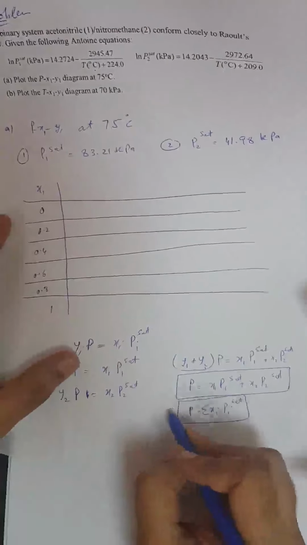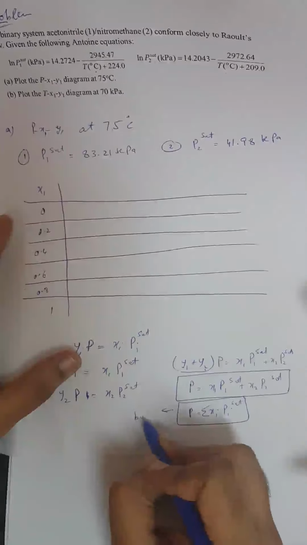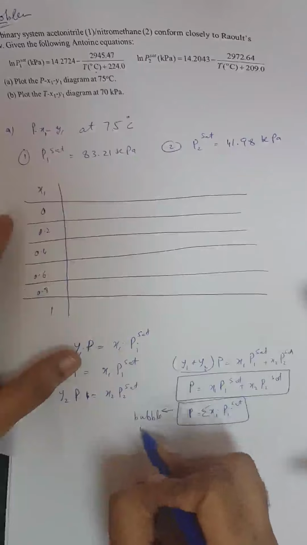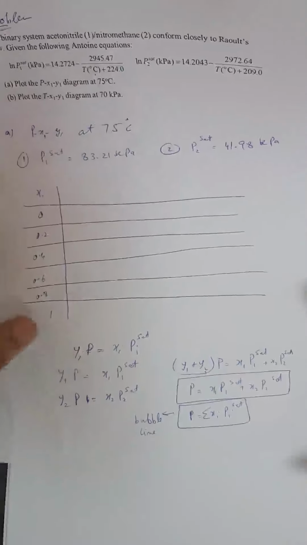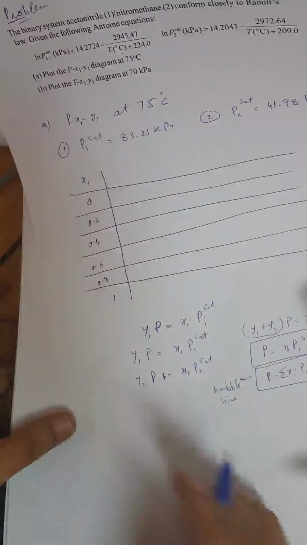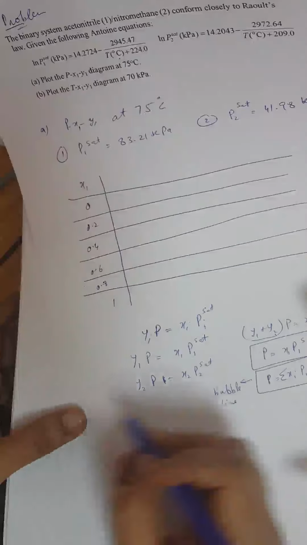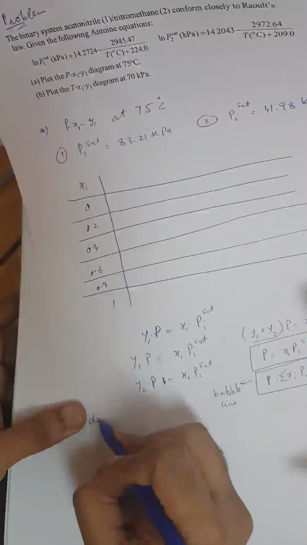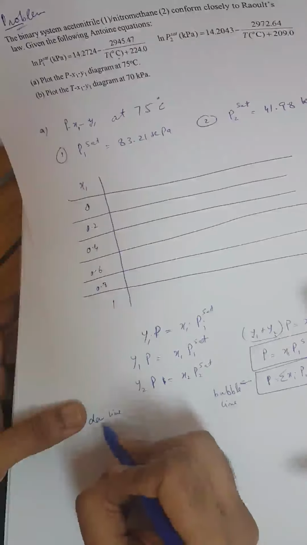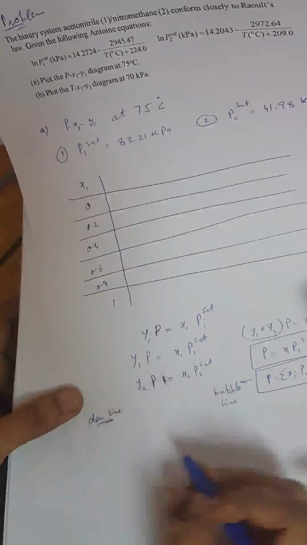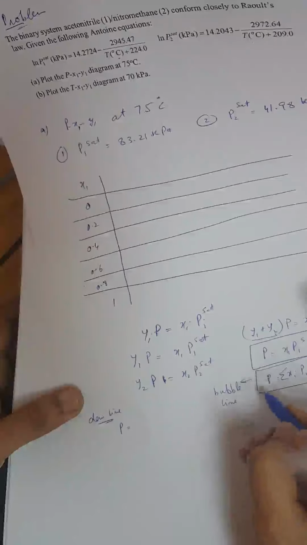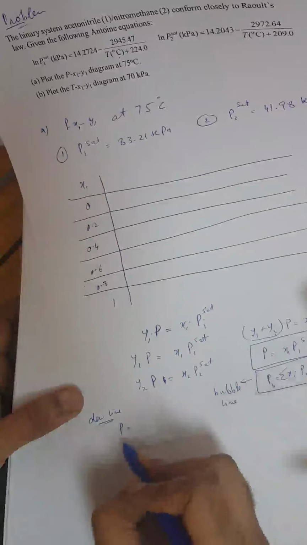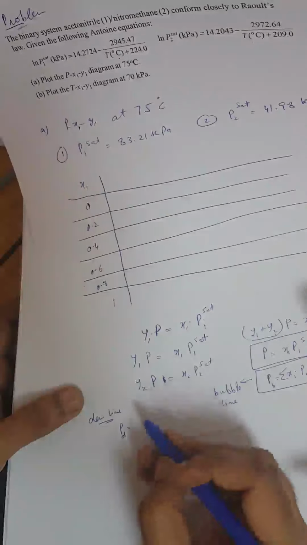This is the equation for the bubble line. Similarly, you can do it for the dew line. So for the dew line, I can write P bubble, PB, and P dew.